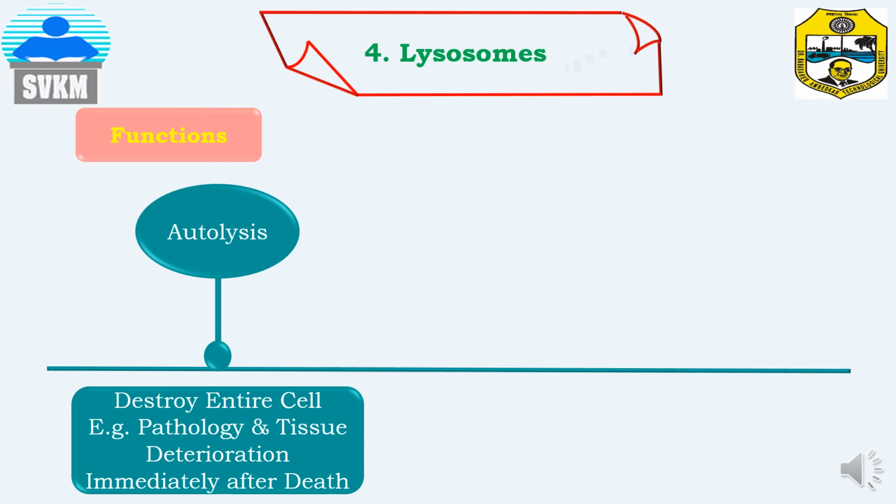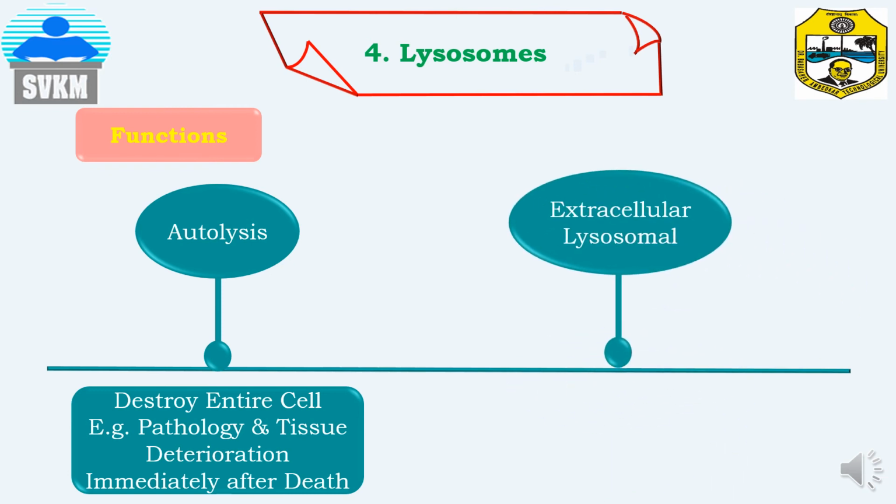It is very important to note that the lysosomal function, autolysis, is essential particularly in the pathophysiology of certain diseases. And more importantly, after death the tissue is deteriorated, digested and degraded with the help of autolysis.